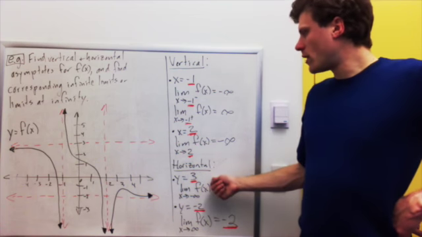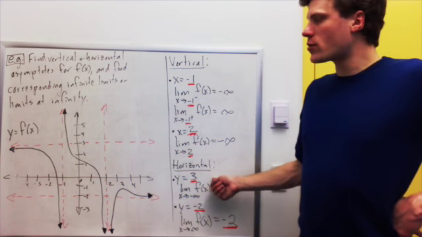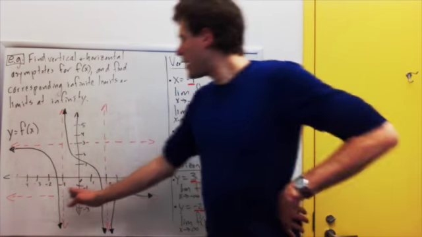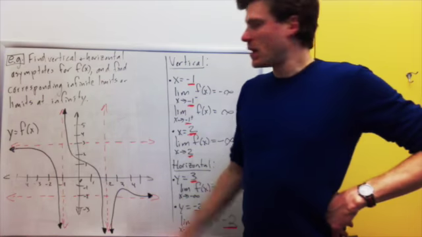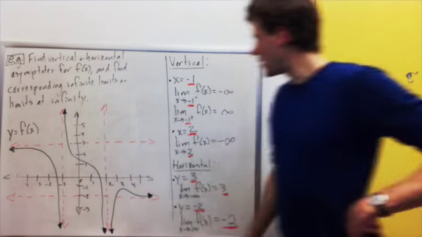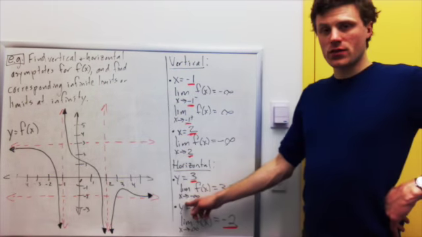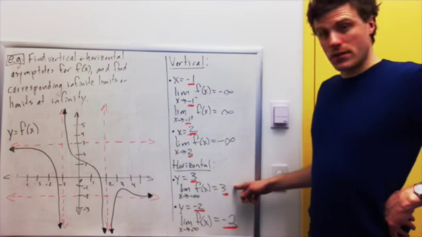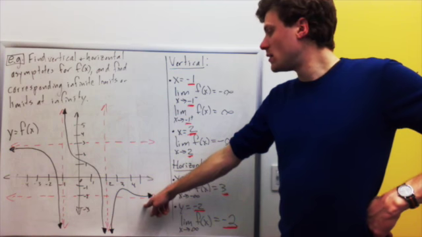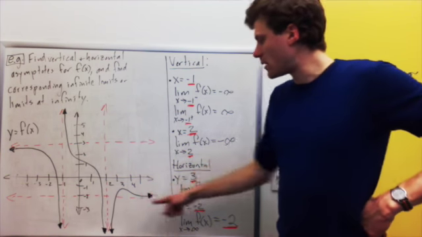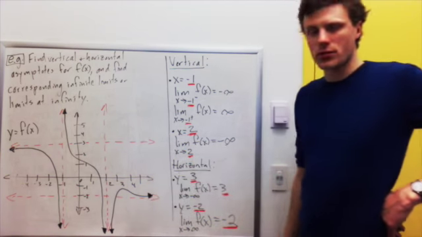The first one, y is equal to 3, well, how does the graph approach it? We see that as we move to the left, the graph is getting closer to y is equal to 3. So that's x going to negative infinity. So the limit as x approaches negative infinity of f of x is 3. And then we see that the graph approaches the line y is -2 as we go to the right. It hits it once and then it gets closer and closer to it.